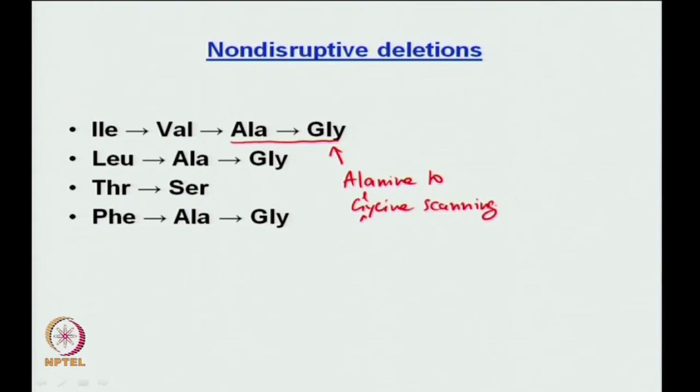See, what does it mean? It is not easy to do mutations in all proteins, but alanine to glycine is still a mild mutation.